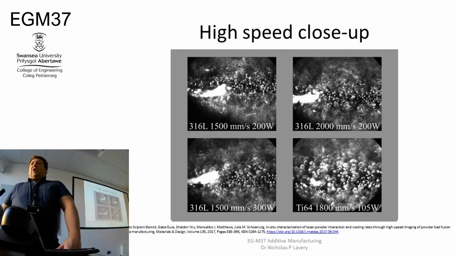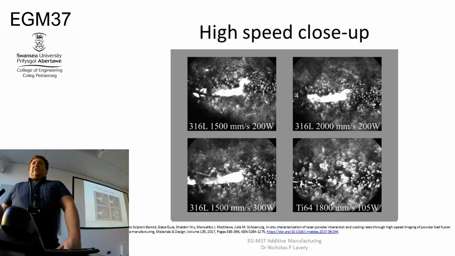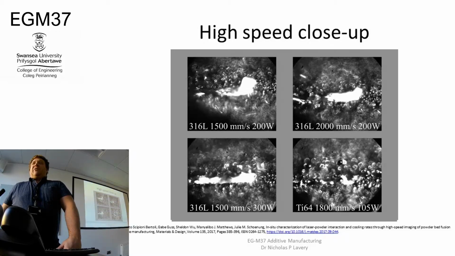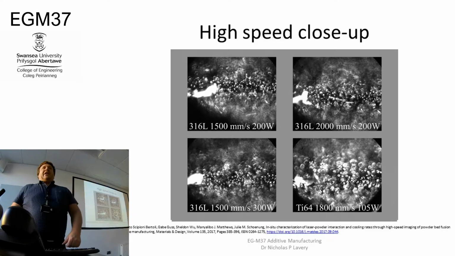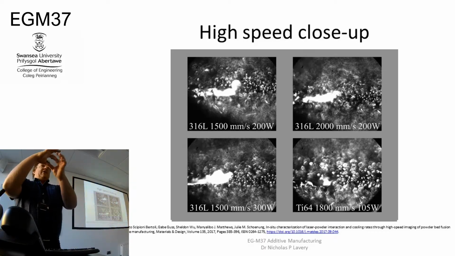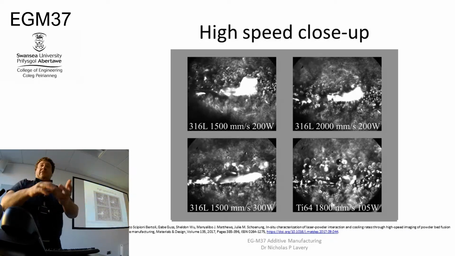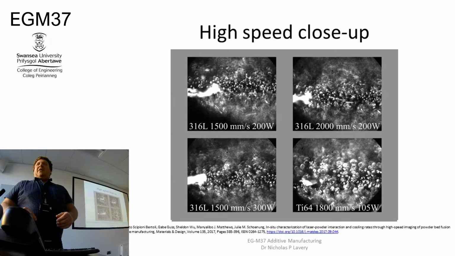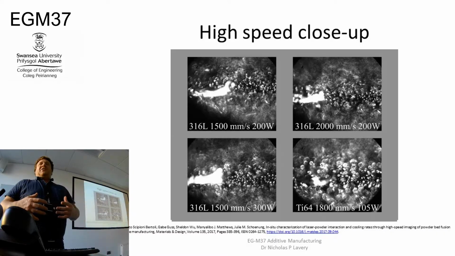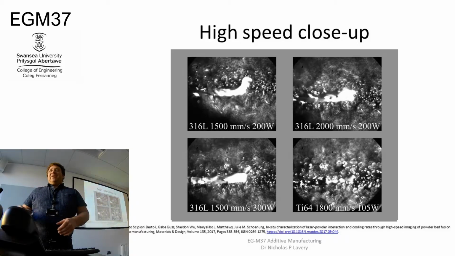So there's 200 watt with 1500 millimeters per second, 300 watt with 1500 millimeters per second, and 200 watt with 2000 millimeters per second. This is literally looking down at a field of view of about 100 microns, so it's right down at the level of the laser hitting the powder. It almost doesn't resemble a welding process, although it is a welding process going on.